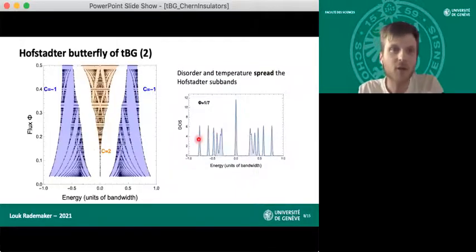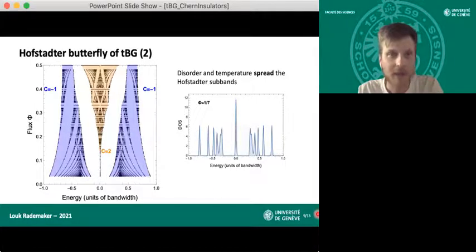The main structure of this butterfly can be summarized as follows: in the middle of the spectrum, there is the 0th Landau level, which carries a Chern number of +2 per spin and valley. And because the total bands should carry 0 Chern number, that means that the 2 parts on the left and right should each carry C equals -1 Chern number per spin and valley.